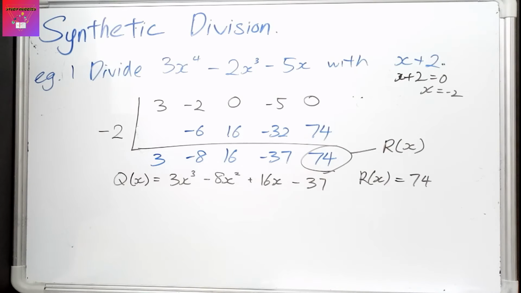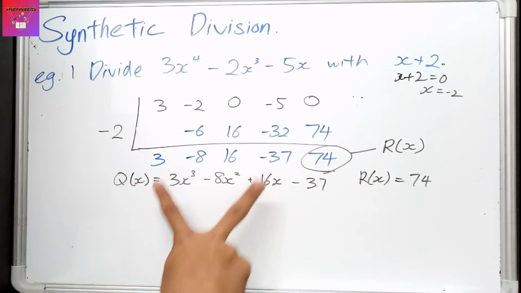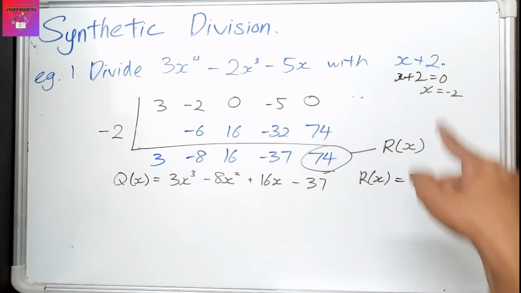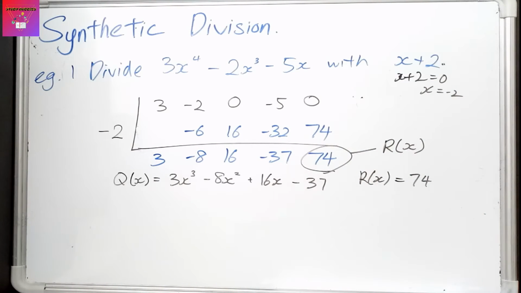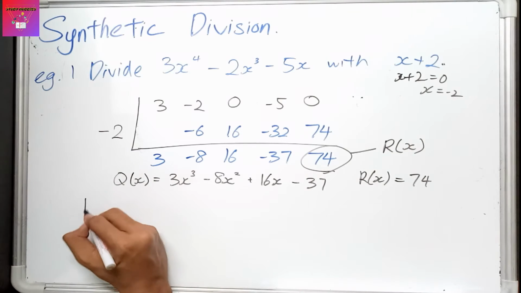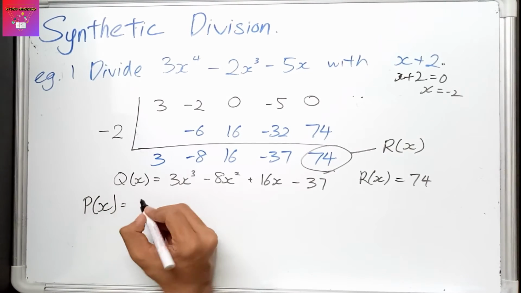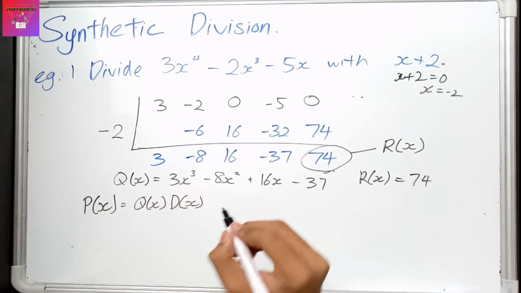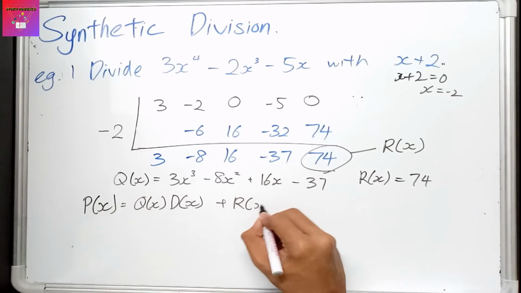Now once we have got our q(x), our p(x), our d(x), which is the divisor, and also our remainder of 74, we are going to write it in the method of writing a division answer as we saw in our previous video, which is p(x) equals q(x) d(x) plus r(x).